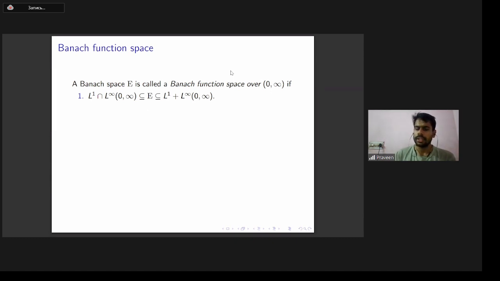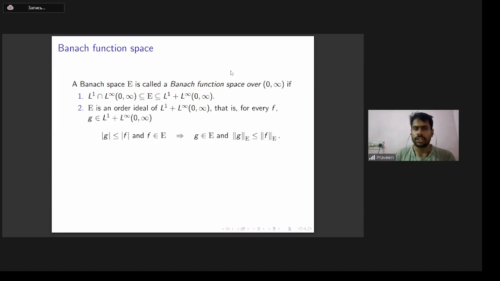The second property is that E is an order ideal of L1 plus L infinity. That is, if we take any two functions f and g in L1 plus L infinity such that the modulus of g is less than or equal to the modulus of f, and f is in E, then this implies that g is also in E, and the E norm of g is less than or equal to the E norm of f.